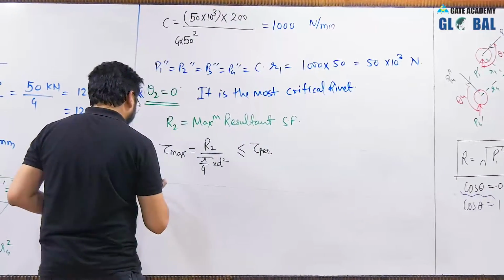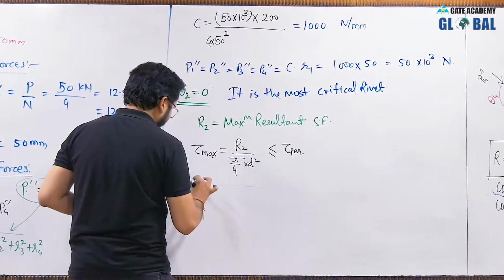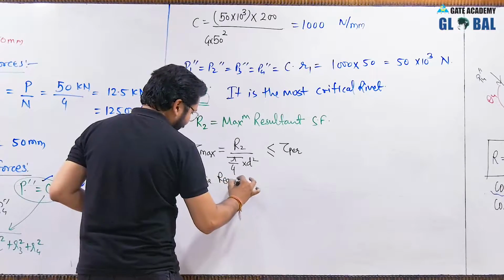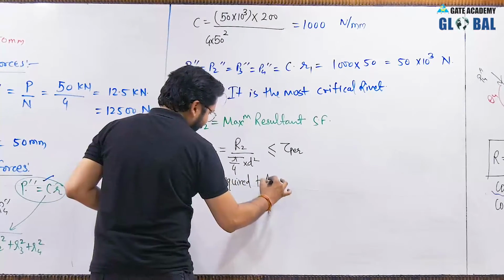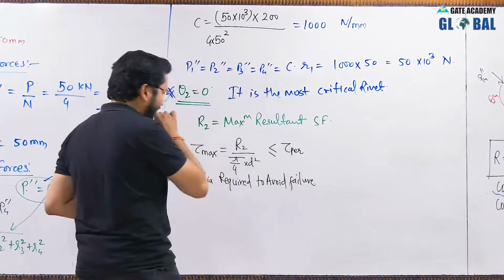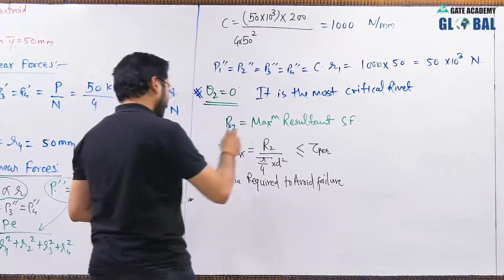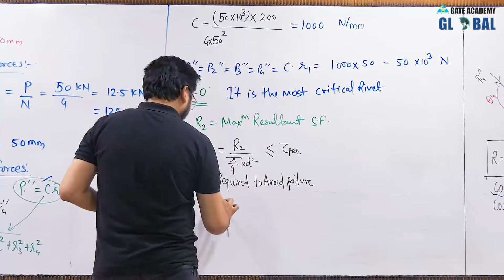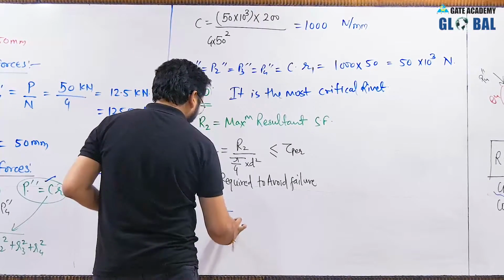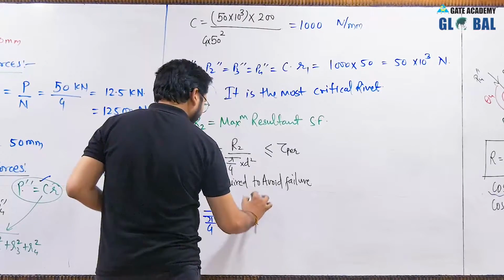So the minimum diameter required to avoid failure is obtained by this equation, that is R2 divided by pi by 4 into d square is equal to tau permissible.